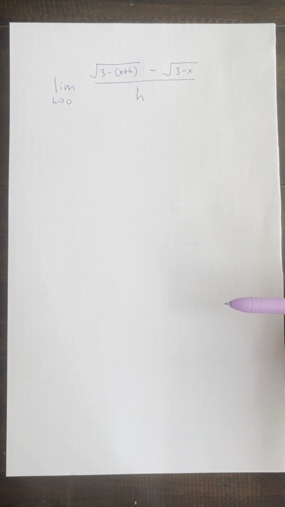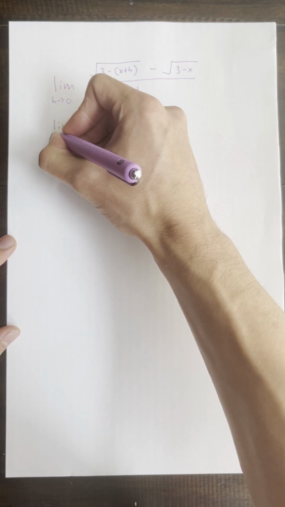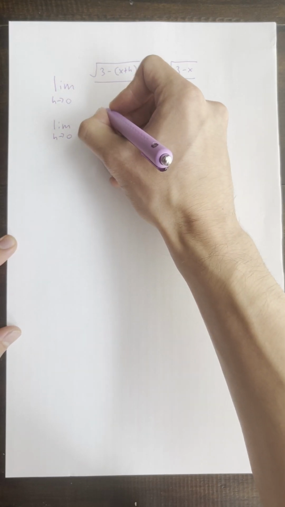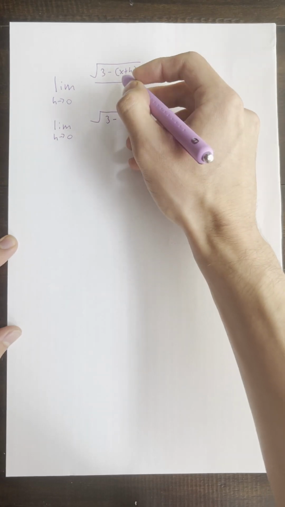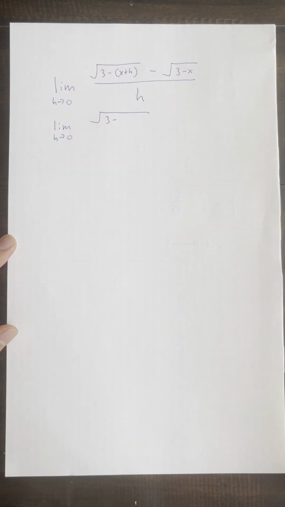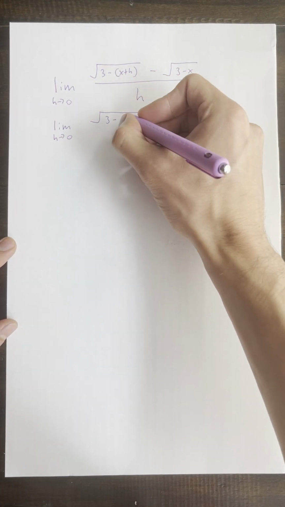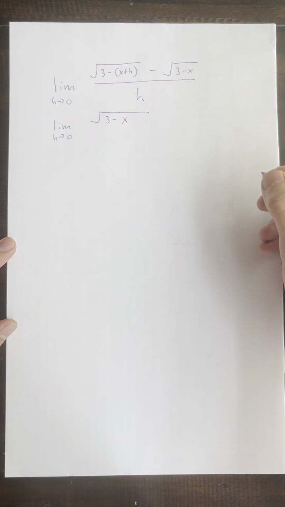Well, let's go ahead and plug in 0 and see what happens. If I plug in 0 for h, what does this part become? This is going to turn into x plus 0, so this part just becomes x.